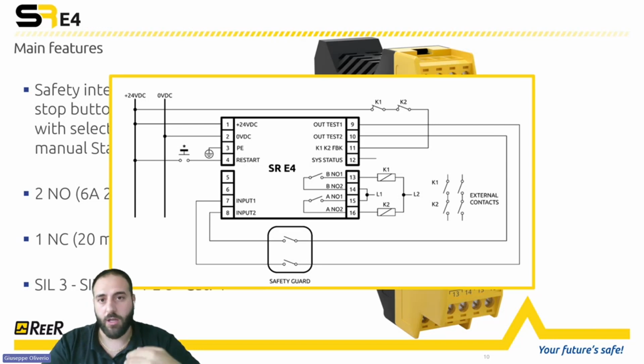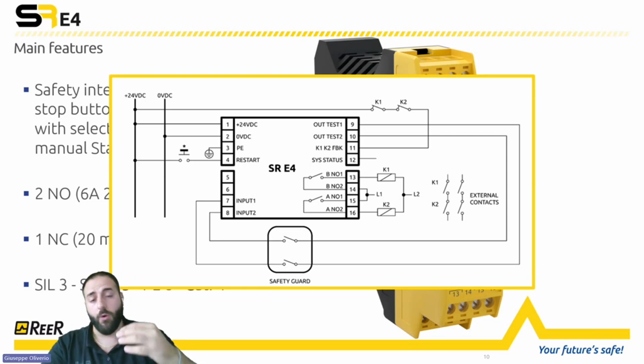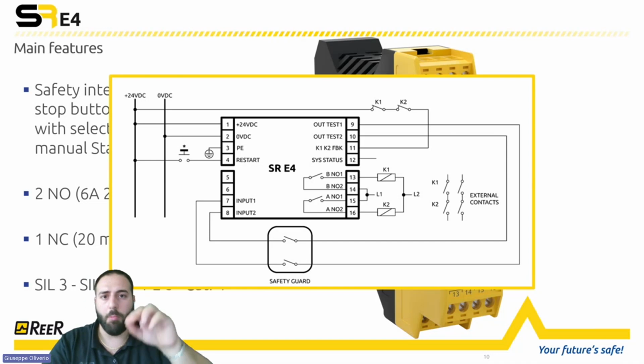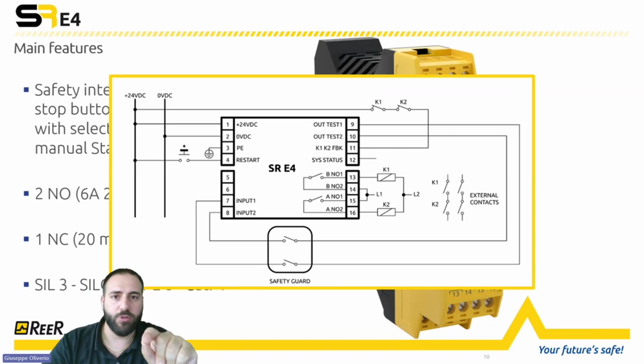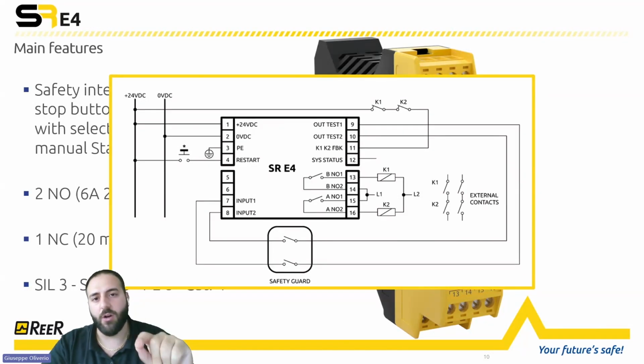And this function also increases the diagnostic coverage on the device, so on the safety guard, on the emergency stop, on the interlock switches, and by increasing also the diagnostic coverage, you can also increase your performance level. Then, you can supply the contact from the output test, and you close the loop by connecting the output test to the contact and the contacts to the inputs present on the SRE4.